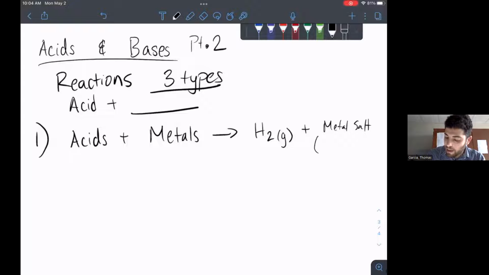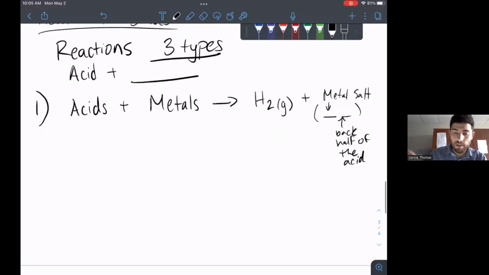That's going to be any combination at all of a metal and the back half of the acid. I think the best way to see this is by actually reacting a metal with an acid, and I'm going to do that on paper.